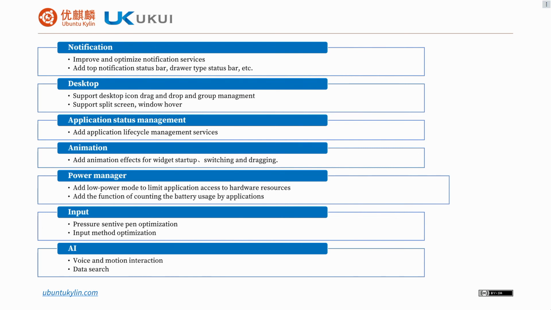We will continue to make further optimizations and enhancements in these areas. And we are also adapting new hardware, which will probably be released with the new version of UKUI in the second half of the year. So, stay tuned.